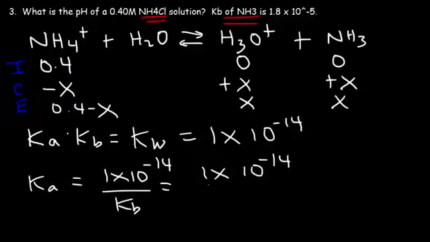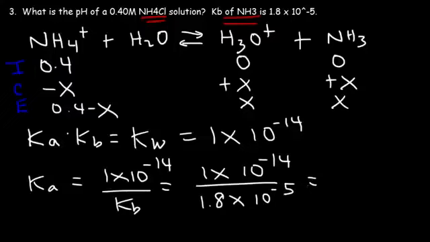And we have Kb, it's 1.8 times 10 to the negative 5. So let's go ahead and divide these two numbers. So this is about 5.56 times 10 to the negative 10.